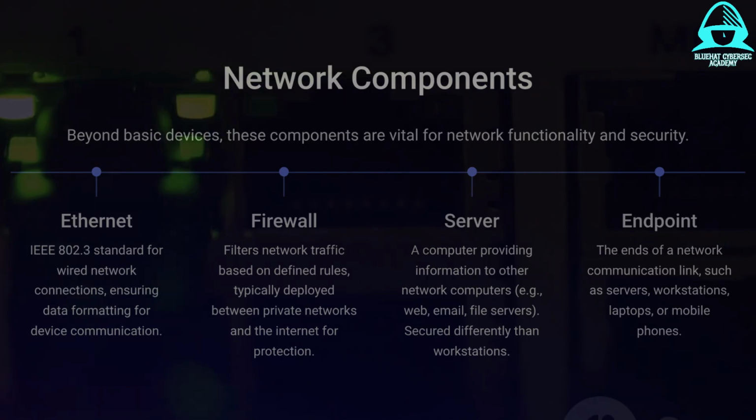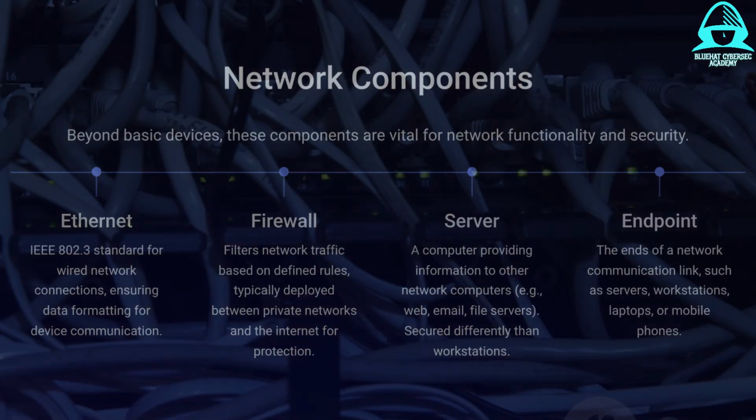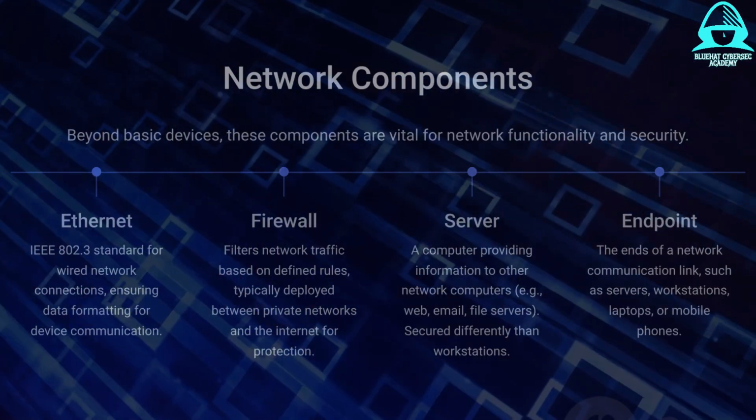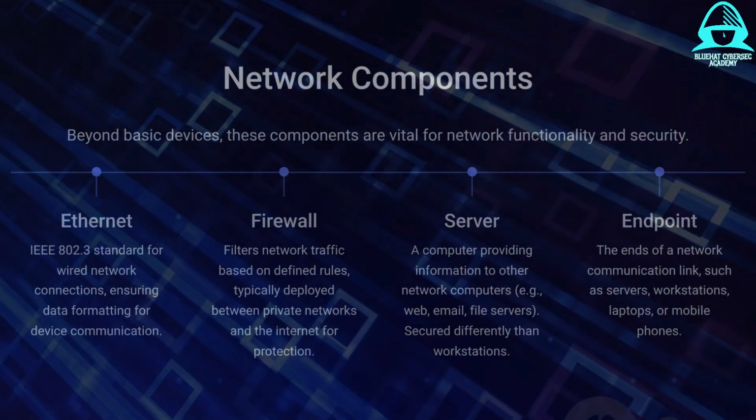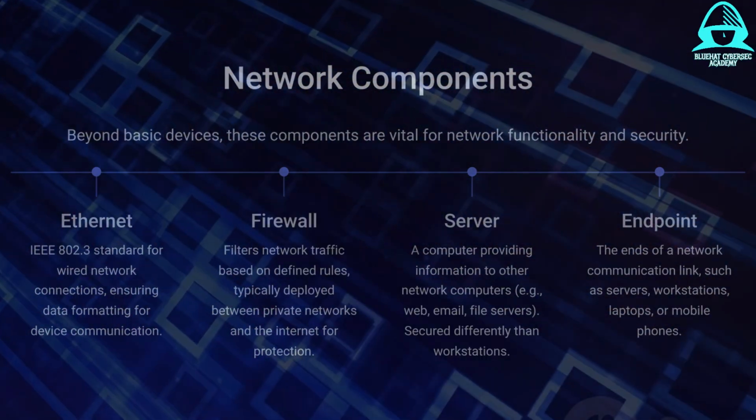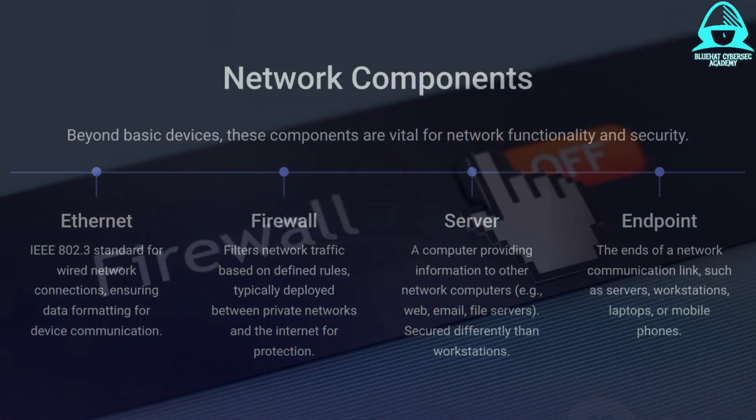First of all, Ethernet, which is also known as IEEE 802.3, is a standard that defines wired connections of network devices. This standard basically defines the way data is formatted over the wire to ensure disparate devices can communicate over the same cables. Now, let's talk about firewalls.